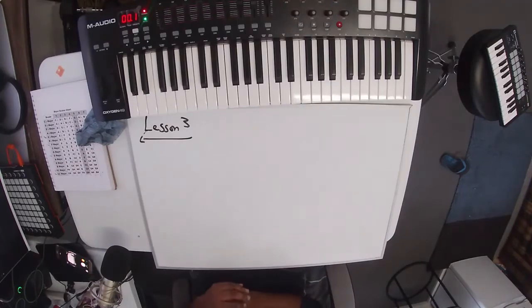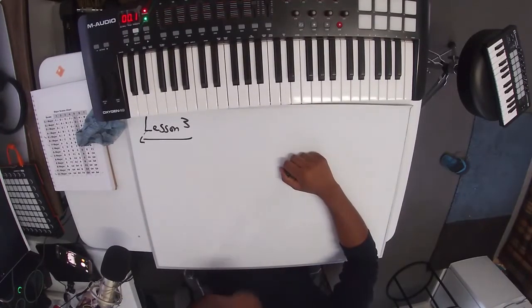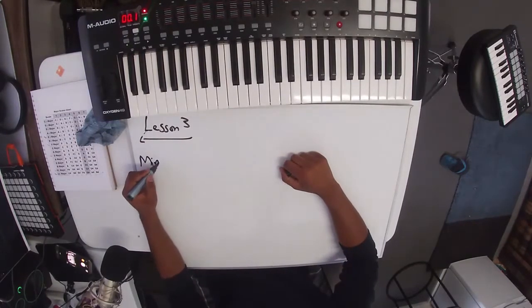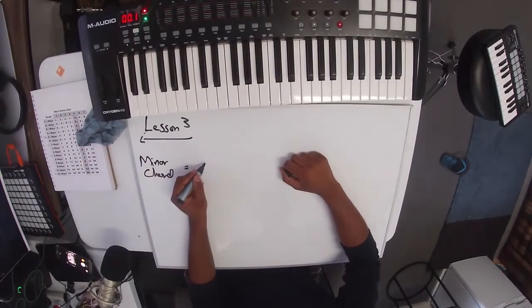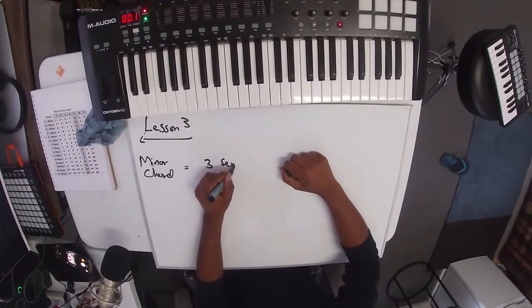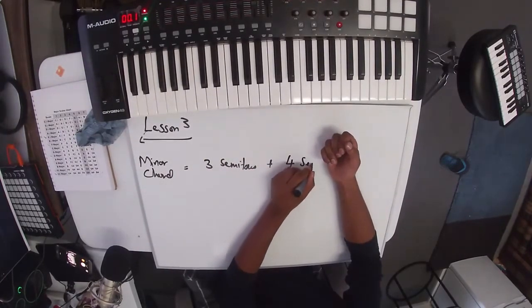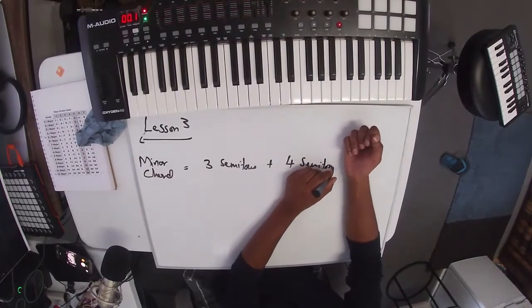The other method of making a minor chord is to use intervals. Similar to the way we used intervals to make major chords, this would be using a certain number of semitones and tones. So to make a minor chord, we would use 3 semitones plus 4 semitones.